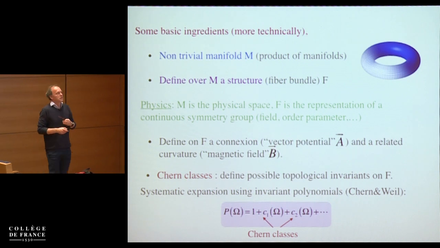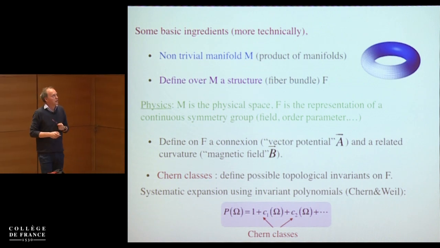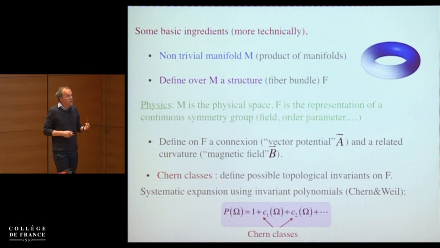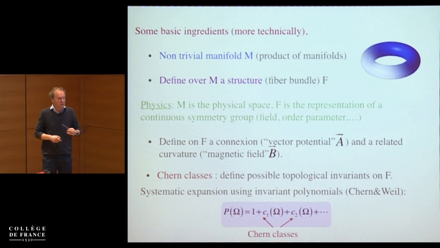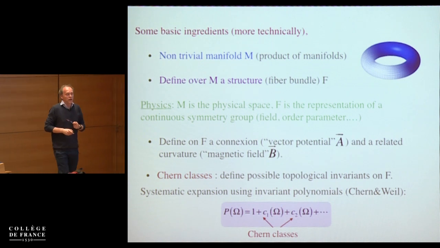In the jargon, this structure is called the fiber bundle, F. If you speak in a physical language, M is the physical space of your system, and F is the representation of a continuous symmetry group, which is carried by a field, by an order parameter, or you name it. Now, on this fiber bundle, you define a connection.